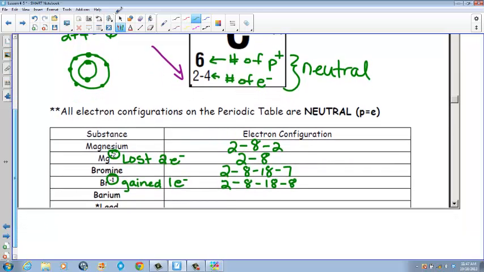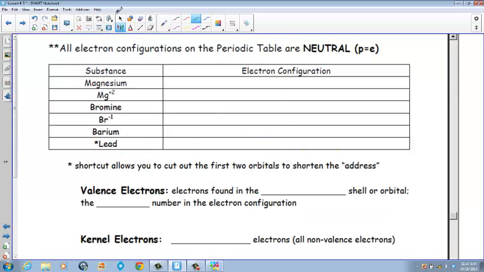Barium, I'm going to scroll down a little bit. Barium has many: 2, 8, 18, 8, and 2. The next one, and we did all these above.